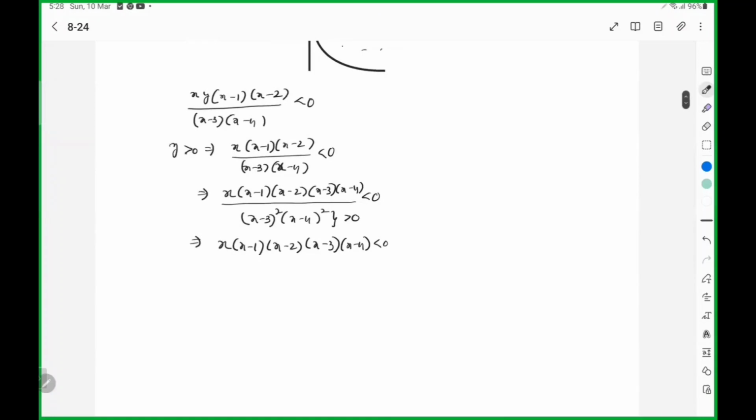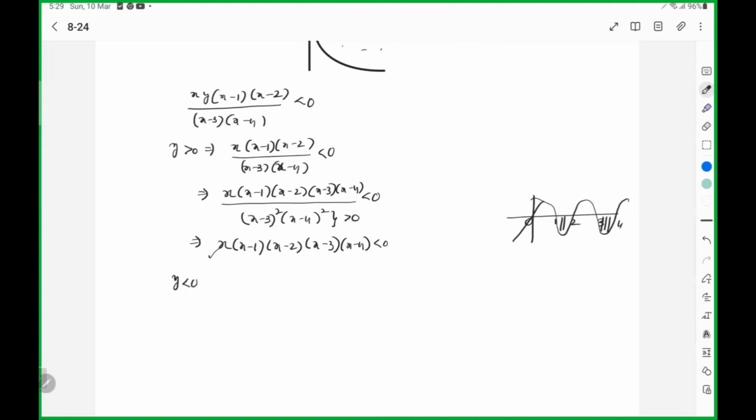So actually at x equal to 3 and 4, you get asymptote by using the wavy curve, where this inequality satisfies all our odd powers of linear functions. Negative means in 1 to 2 and 3 to 4.